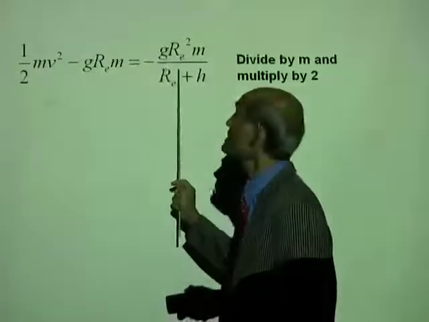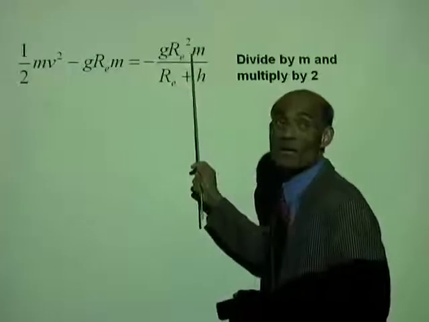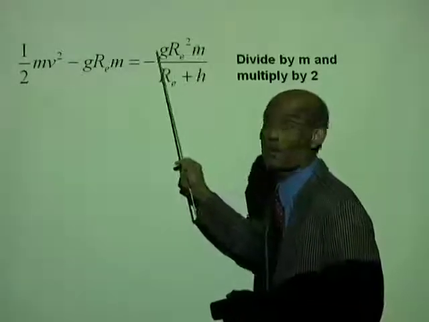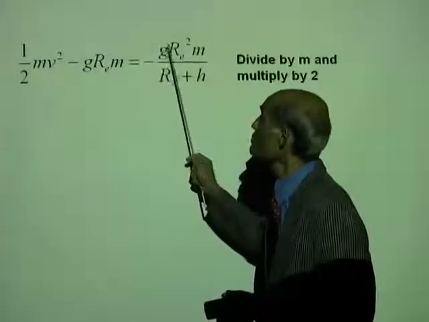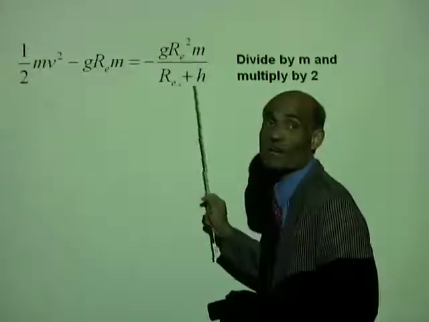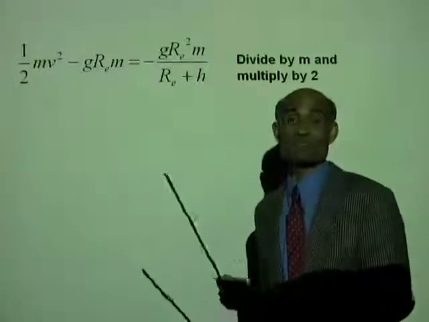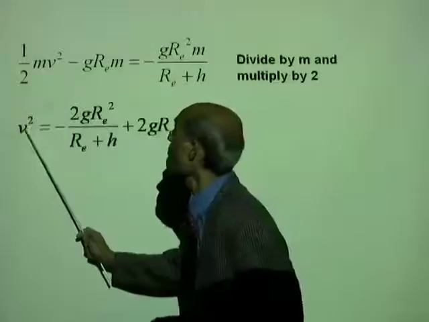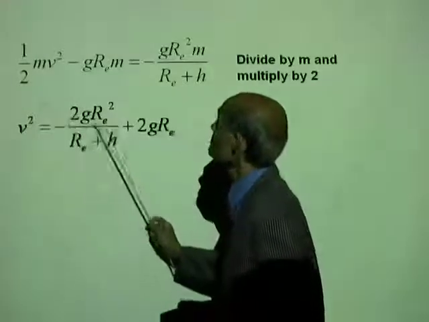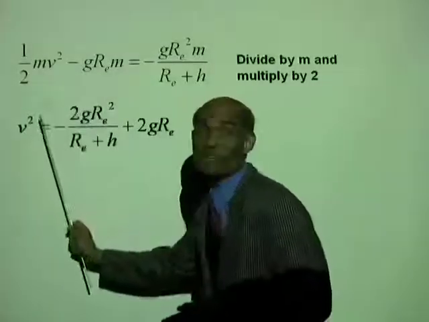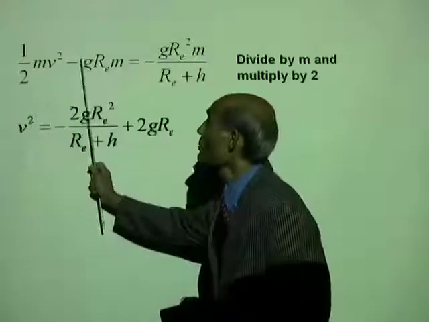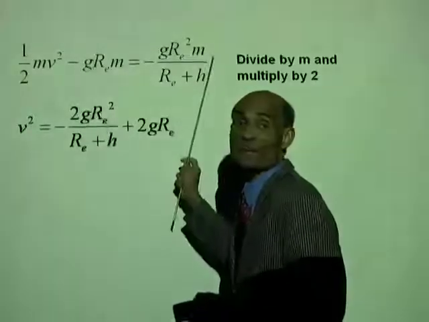And what will be the right side? Divide by m, m will go, multiply by 2. It will be minus 2 g RE squared over RE plus h. So, therefore, v squared equal to, now what I did is, I also did one more thing. I moved this term to the right side.